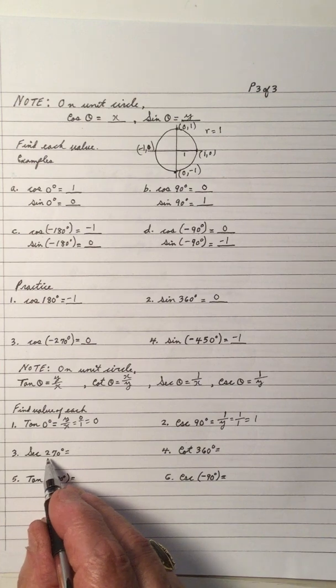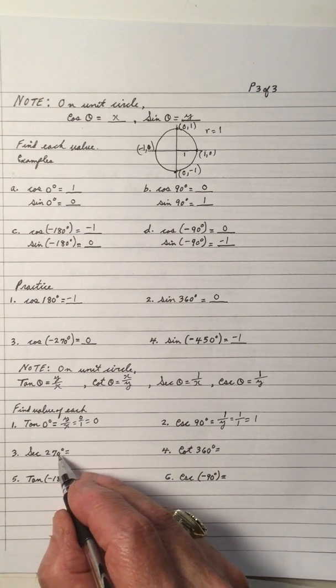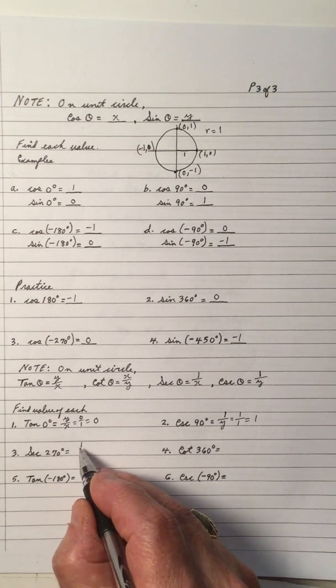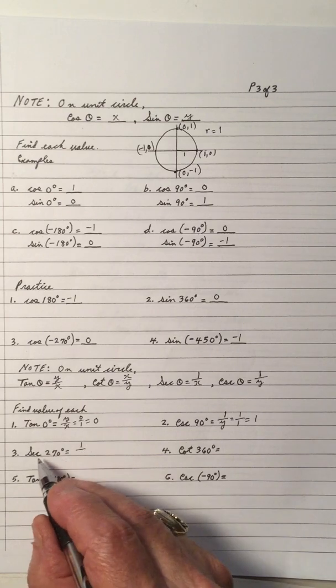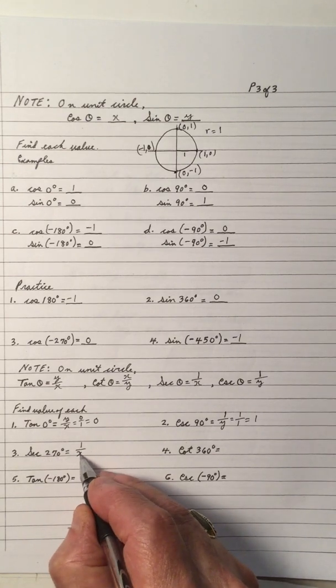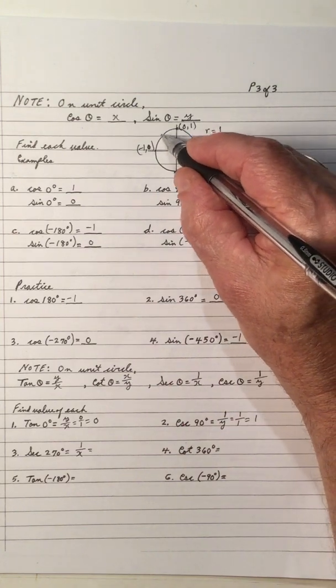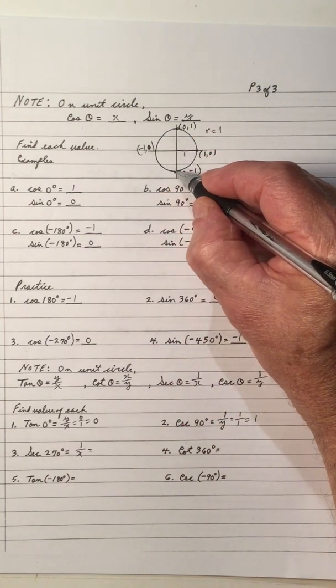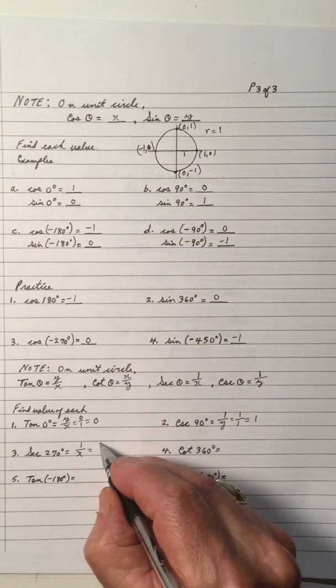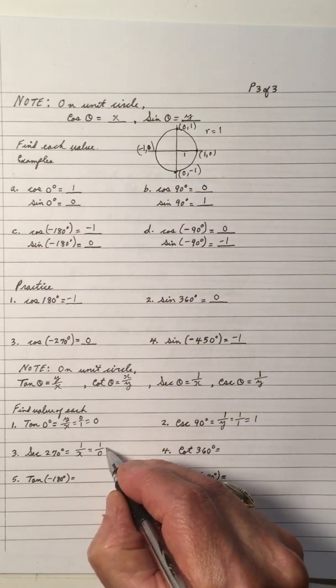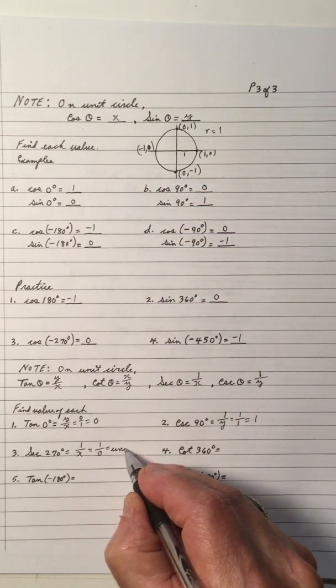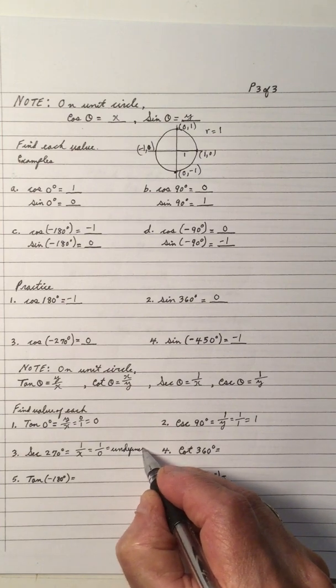Secant is the reciprocal of cos. Let's look at 270, there's 270 there. Cos is x, so secant is 1 over x. The x is 0, so we have 1 over 0, and 1 over 0 is undefined because you can't divide by 0.